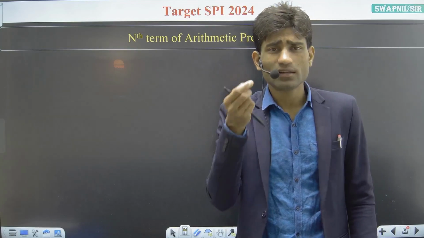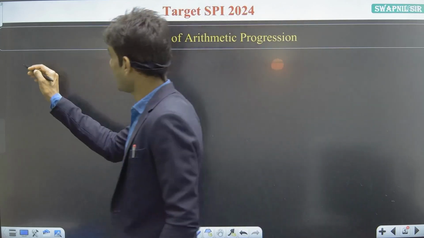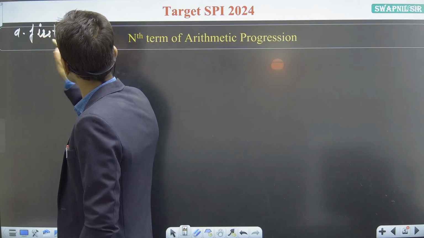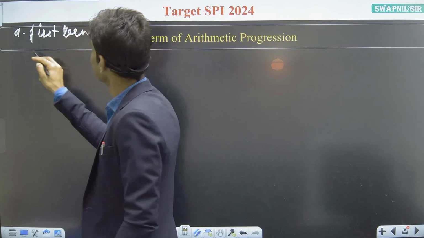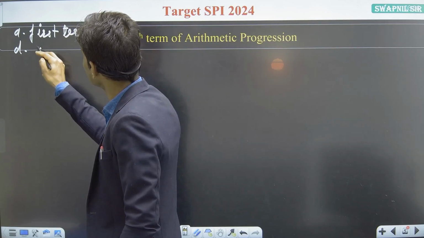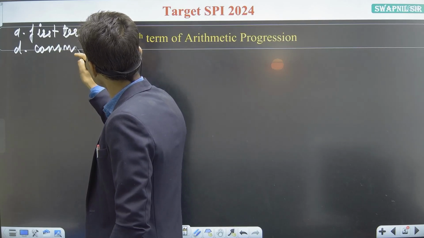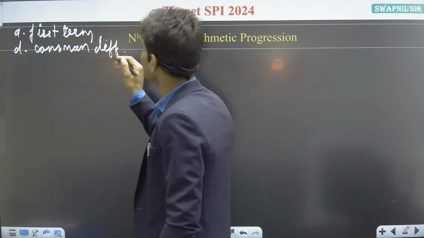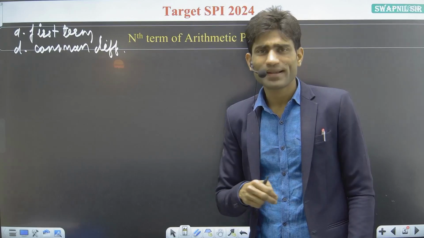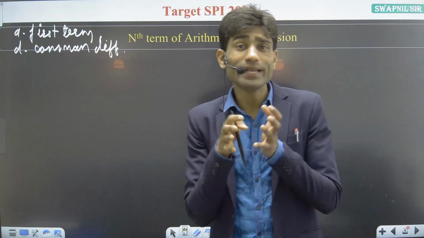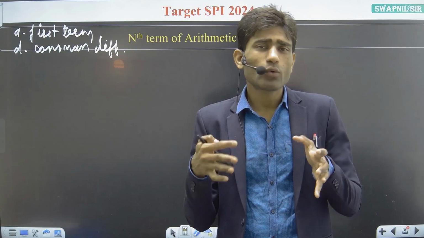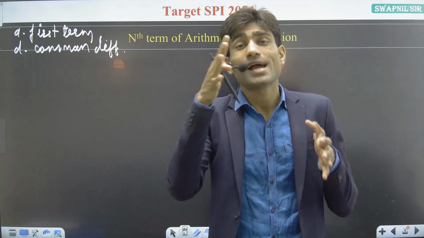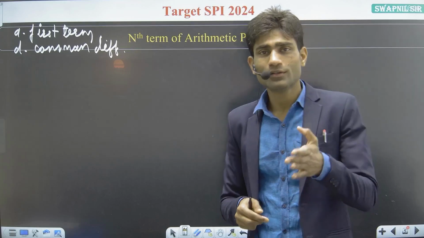If I consider a as the first term and d as the common difference, by using this we build one arithmetic progression and generate a generalized result for the nth term and the sum of n terms. So we'll see it here.